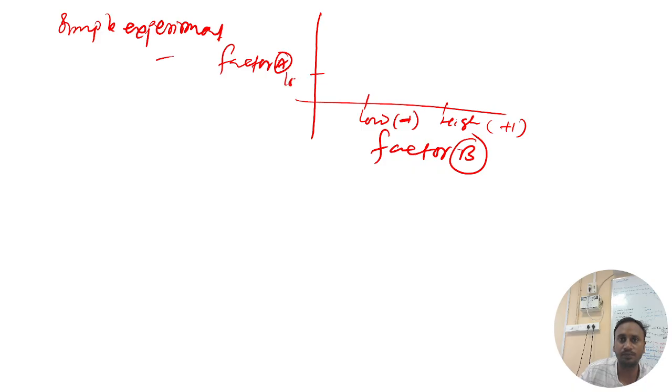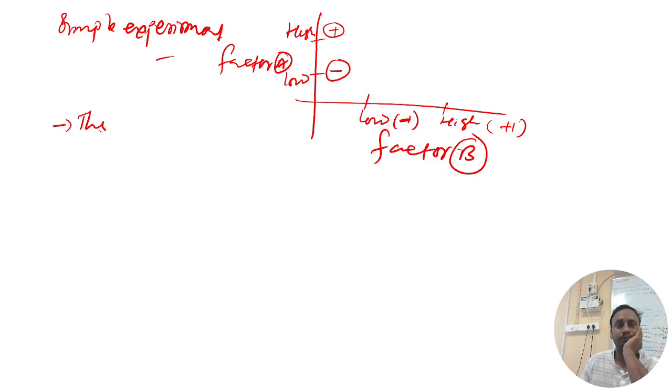This also low, this also high. It's a minus, no, it's a plus, it's a minus. So it's a simple 2 by 2. This is the two-factor design where factors are at two levels.